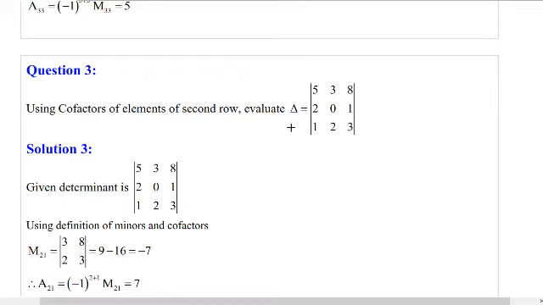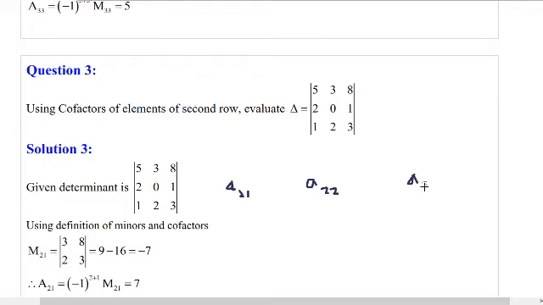For example, let us say I am willing to find the value of determinant using second row, according to the question. So first of all, I'll write the elements of second row. And what are the elements? A21, A22 and then A23.